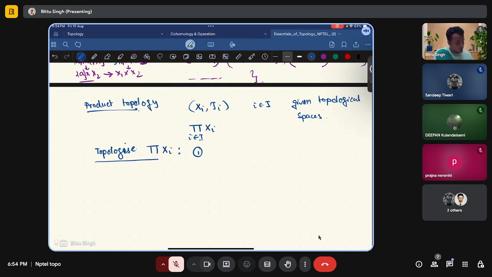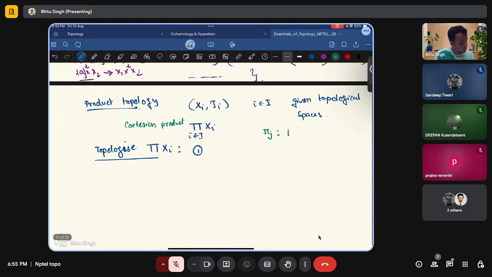One way will be like this. Let me create a function. This is the Cartesian product. Therefore, we can make the projection map pi i, or maybe pi j, which projects onto the jth component. It will project everything to the jth component.